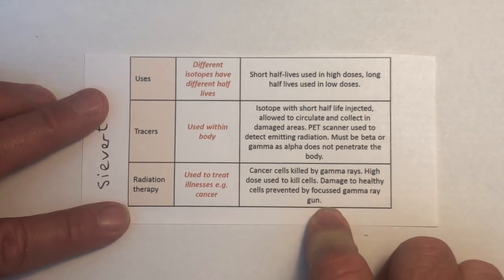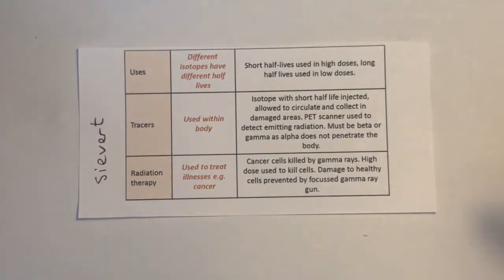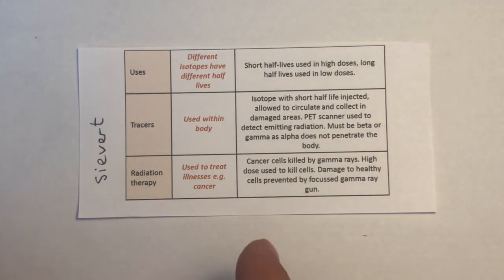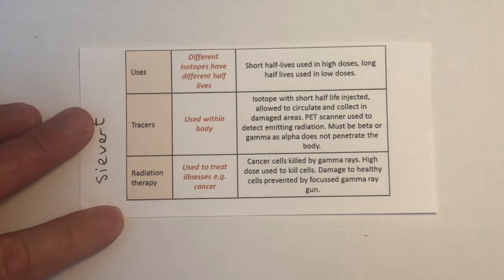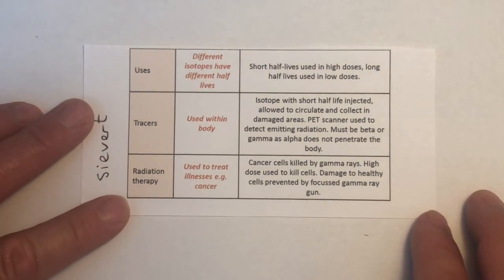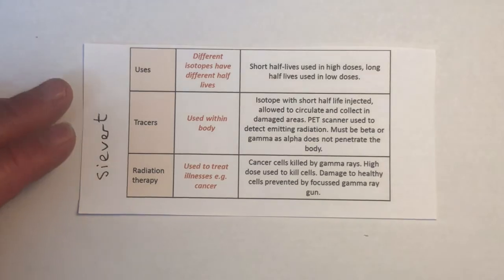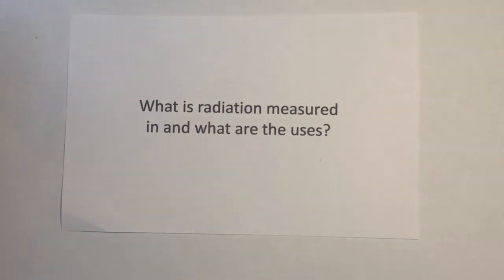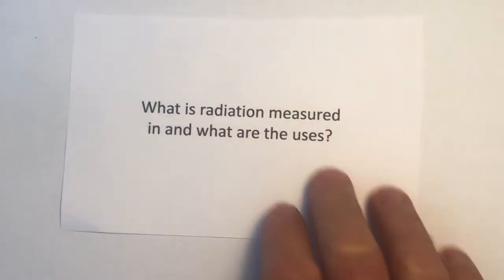If there's a cancer within the body, they'll focus from all sorts of different angles onto one individual point, and that's where the cancer is, so it only damages cells in that area. Obviously, because you're sending radiation through different parts of your body, you can get other issues.